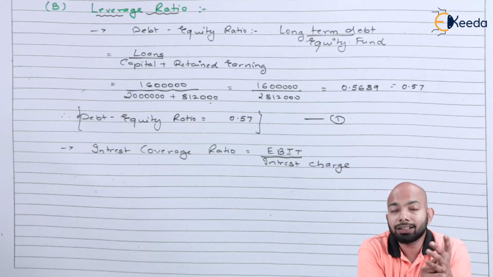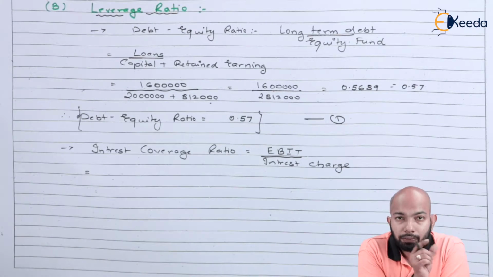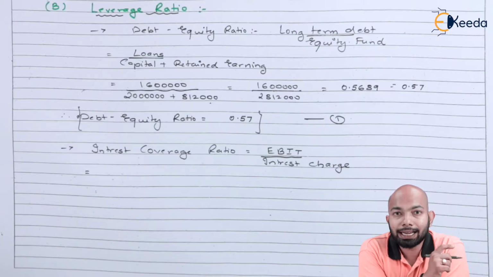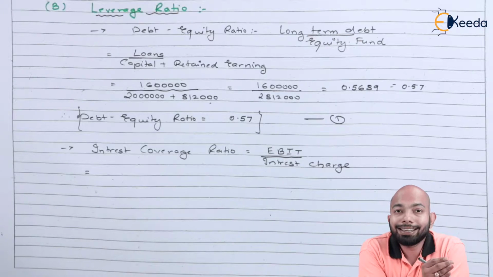We can look at the debentures or any other interest that is getting paid off. For the earnings before interest and tax, if you see the profit and loss statement, we have sales amounting to rupees 40 lakhs, and out of that we have certain items getting deducted, amounting to 28 lakh.